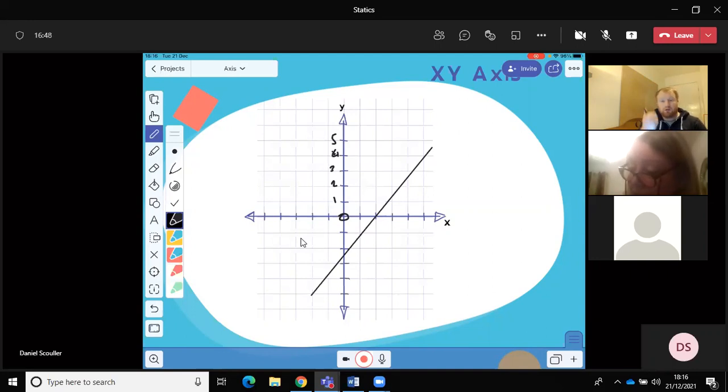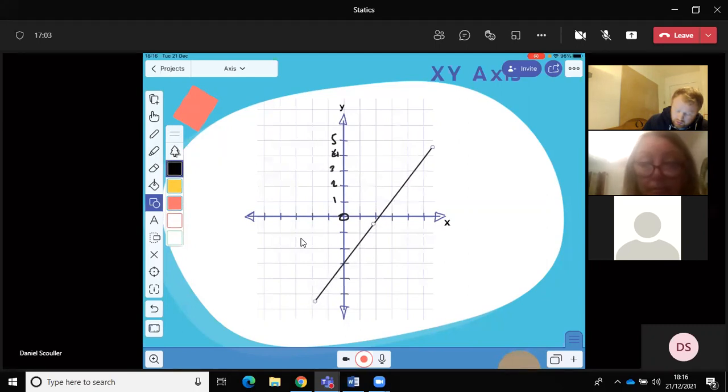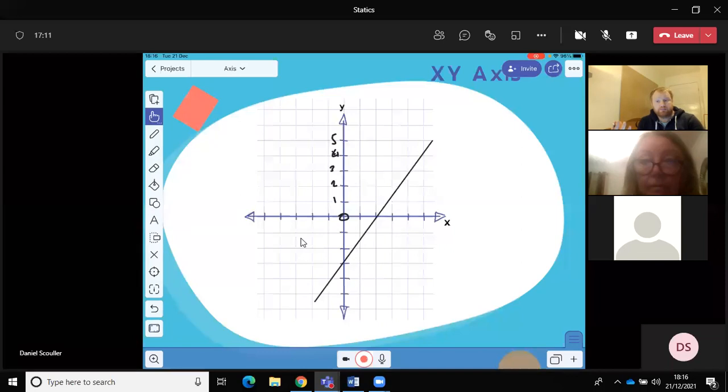So gradient, where it crosses the x-axis, which we call the roots of the equation, and where it crosses the y-axis is very important as well. That's when x equals 0.